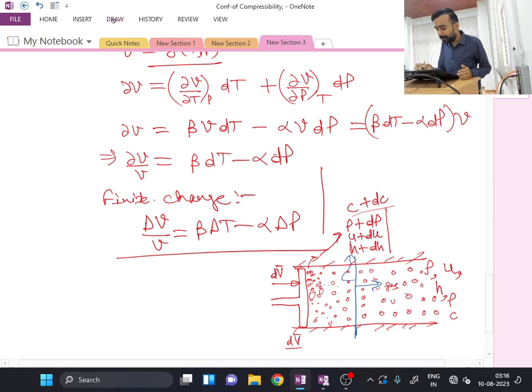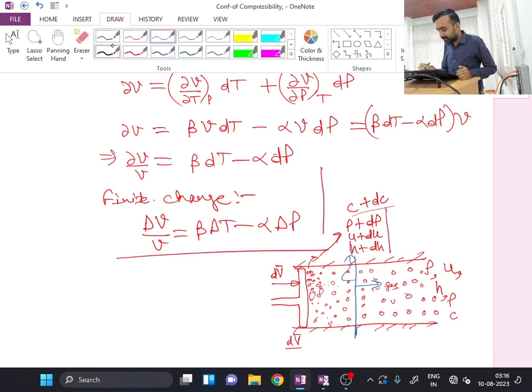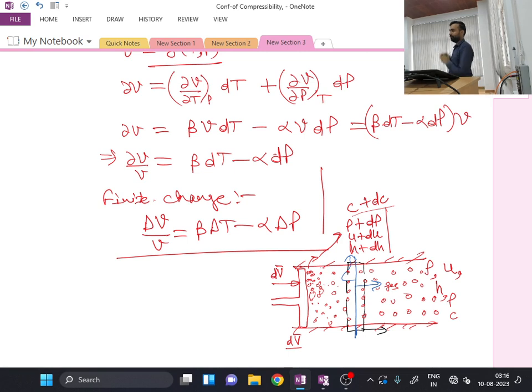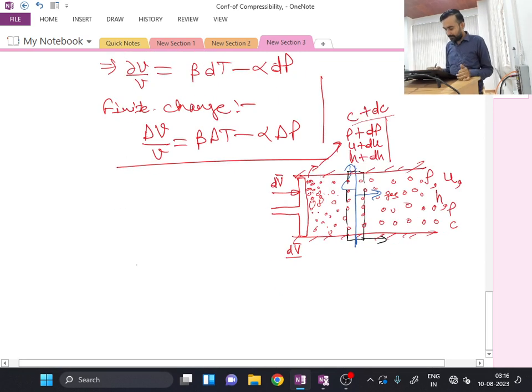So now what I will be doing, I will consider that I have fixed a control volume over this wavefront. Okay, and let's consider that this control volume is moving with the wavefront. As the wavefront is moving, the control volume is also moving. Is this point clear?